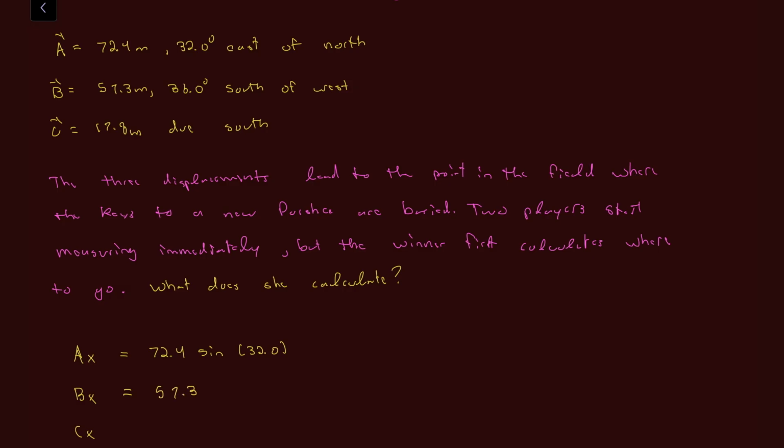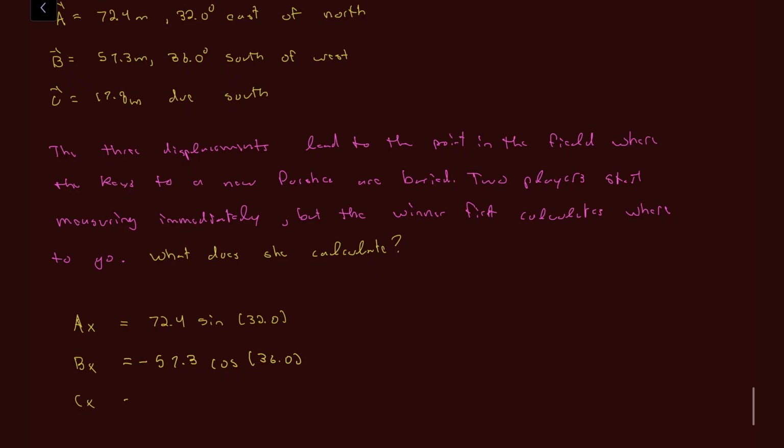Similarly, for an angle 36 degrees south of west, I know that that is going to be a use of cosine, and I will not forget that negative sign there. Again, if you can't visualize that in your head, there's absolutely nothing wrong with drawing out a diagram.